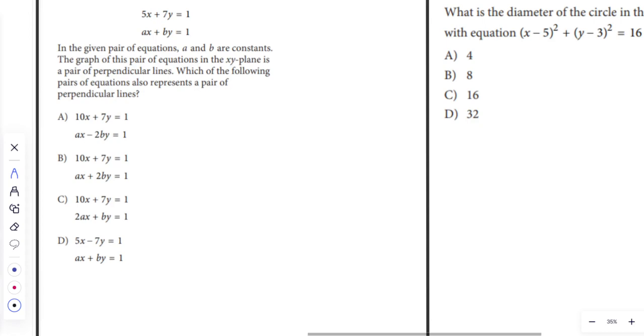Interesting. Well, perpendicular lines means the slopes. So in order for two lines to be perpendicular, we need the slope to be the negative reciprocal of the other one. In other words, let me convert this into y equals mx plus b form to make it a little bit easier.